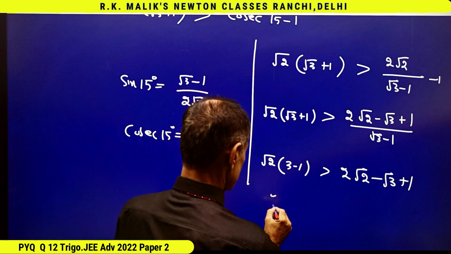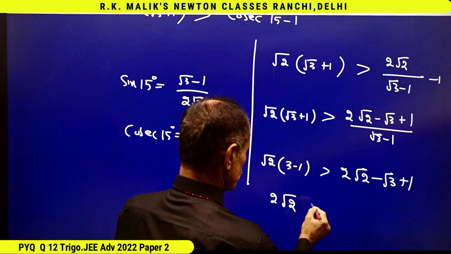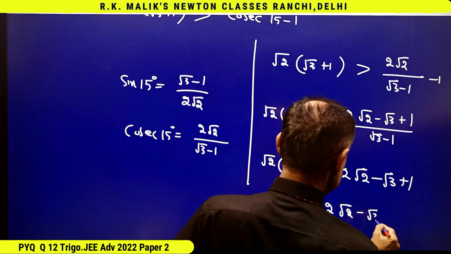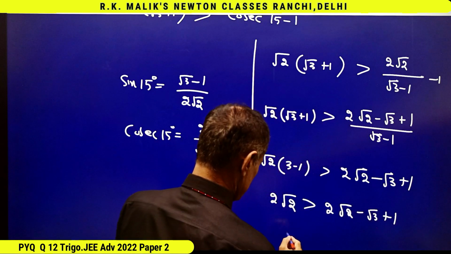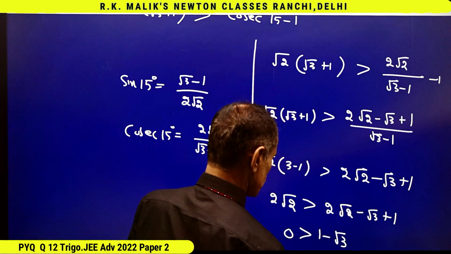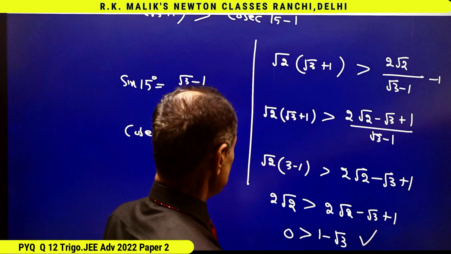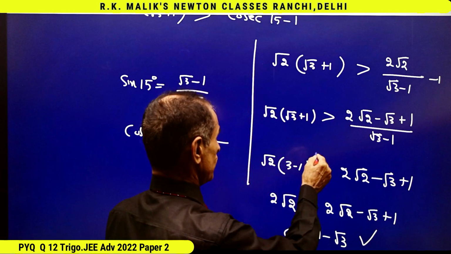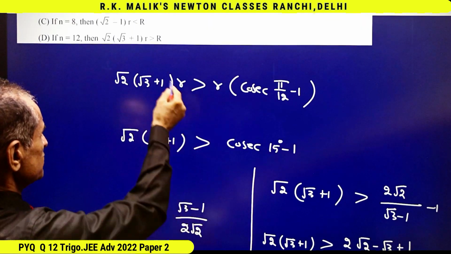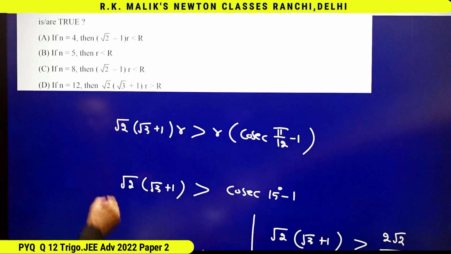And this is true if 2 root 2 is greater than 2 root 2 minus root 3 plus 1. And this is true if 0 is greater than minus 1 by root 3. And this is true. Hence, this is true, and proceeding in the reverse order, I can say this is true. Hence, I can say D is the correct choice. Therefore, finally, we have got the conclusion that the correct choices are C and D.